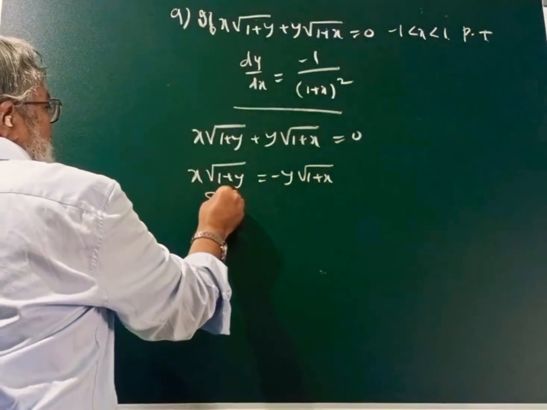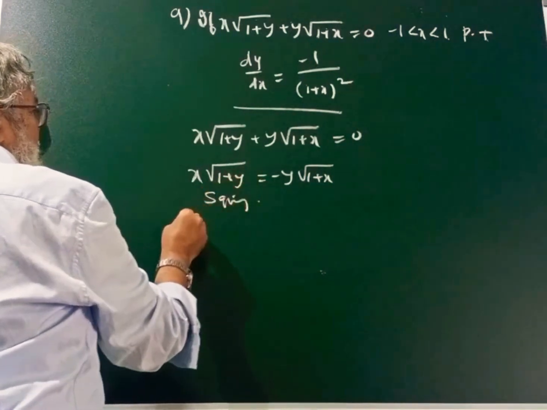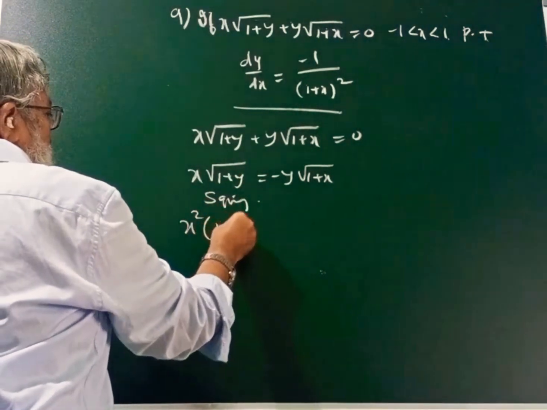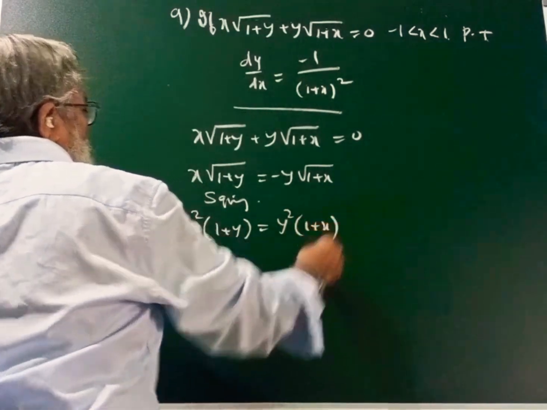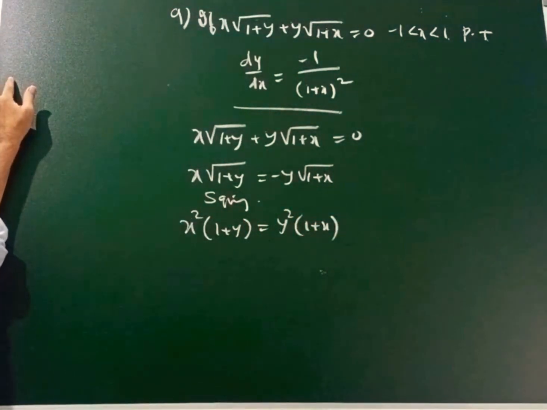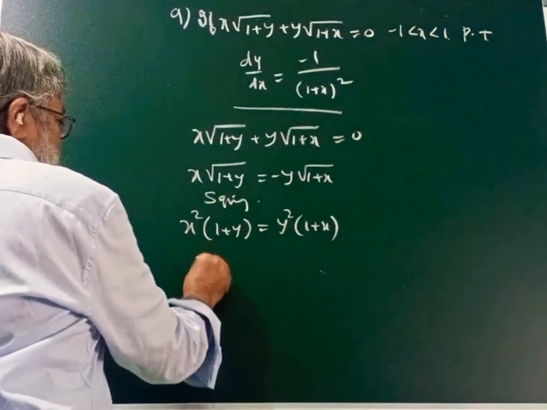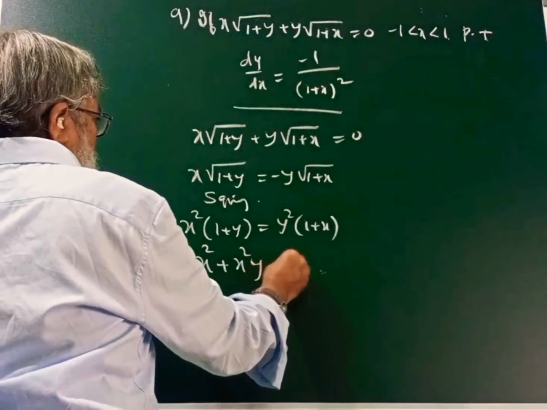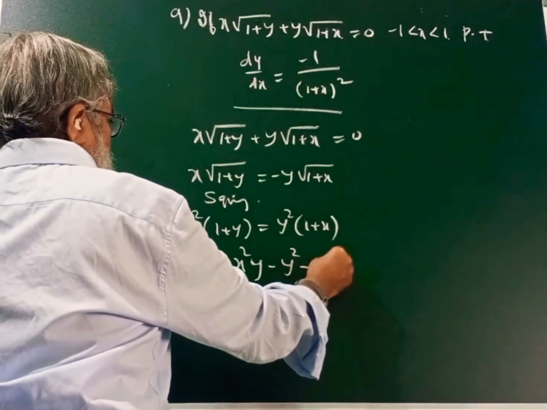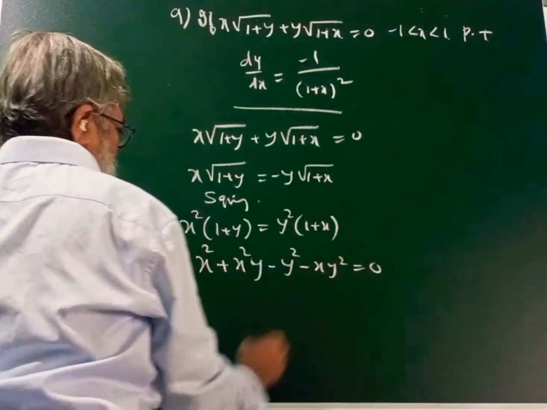Squaring both the sides, it is x square into 1 plus y equals y square into 1 plus x. The root will be removed because of the square. Now we open the brackets. x square plus x square y minus y square minus x y square is equal to 0.